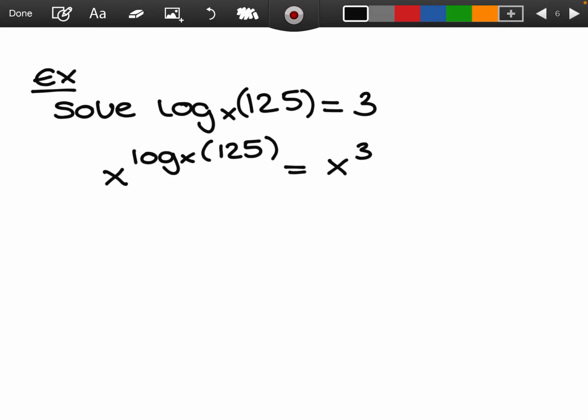If I raise x to that power, I get 125 back. So that's just like we normally do, is equal to x cubed. What value cubed gives me 125? That's 5. 5 cubed is 125, so x is equal to 5. So no matter whether your unknown is in your base, it's in your argument, wherever it might be, it's easy just to raise both sides to that base power, and then you can go ahead and solve either way.